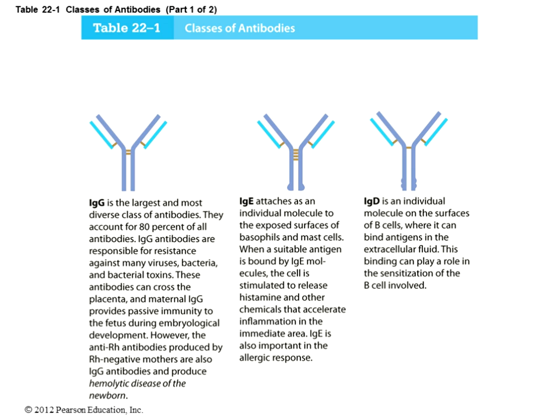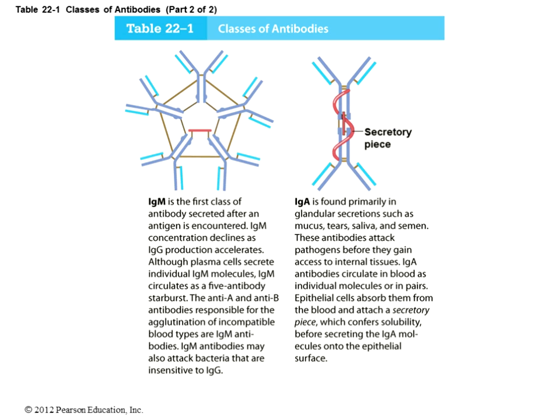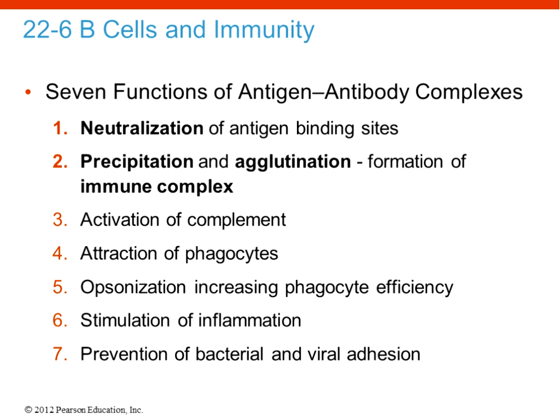Okay? And so this visual, again, shows the classes of different antibodies. They also have the molecular structure here. But this is nice because it gives an overview of all five types: IgG, IgE, IgD, IgM, and IgA. So just make sure you have a nice snapshot understanding of all these different five classes of antibodies.